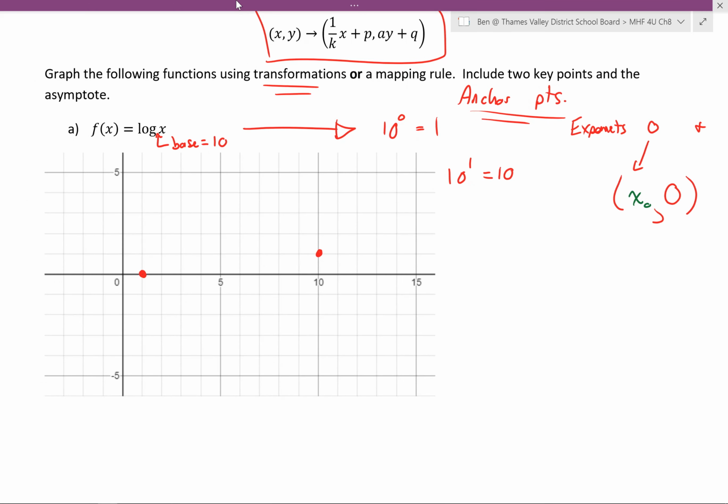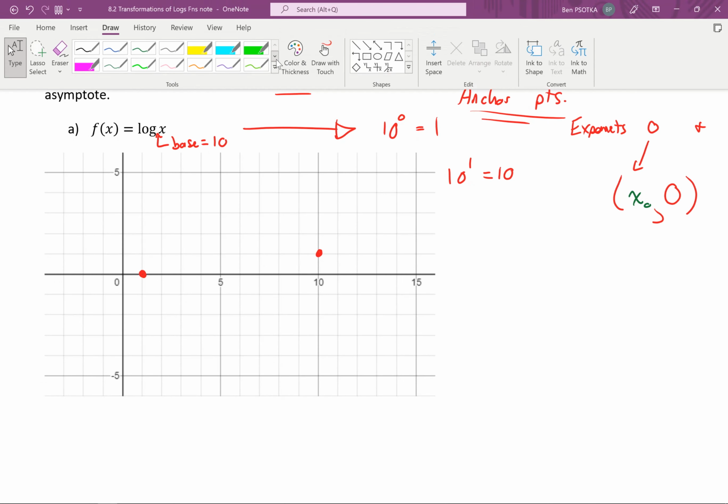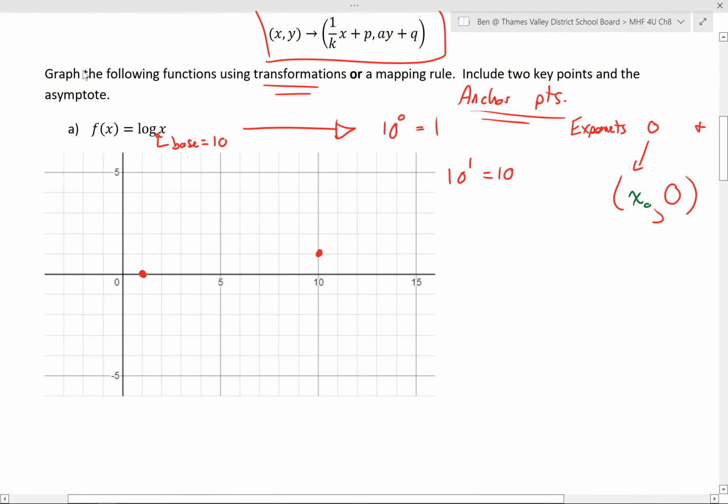All right, now we know through our exploration yesterday, when we're working with a logarithmic function, we can expect a vertical asymptote. In this case, we're going to have a vertical asymptote at x equals 0. And the shape of our function will be something like this.